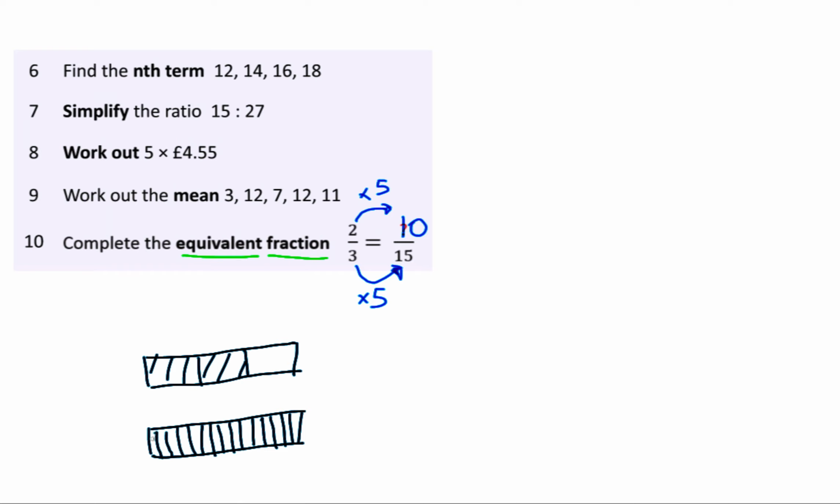So 1, 2, 3, 4, 5. And 1, 2, 3, 4, 5. As you can see, I'm eating the same amount. So these fractions are equivalent because they represent the same thing.